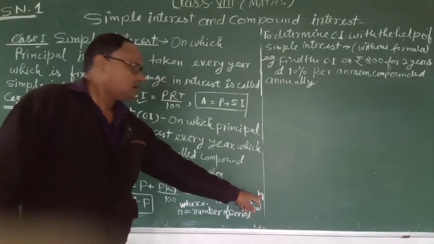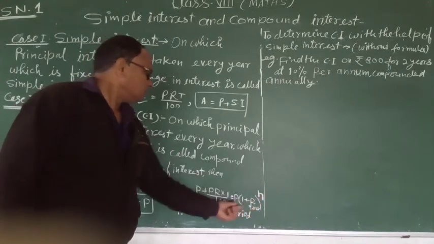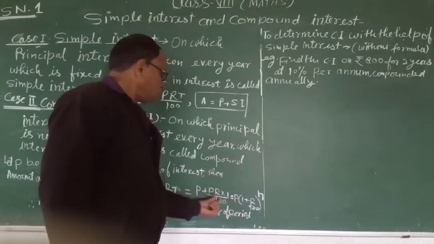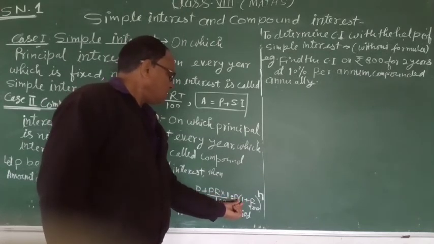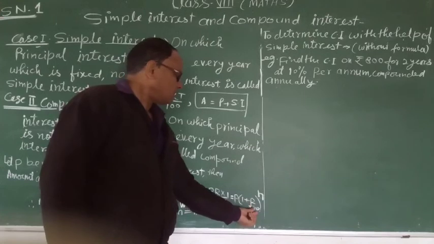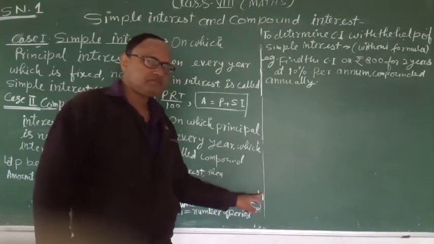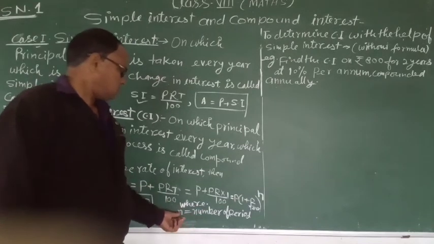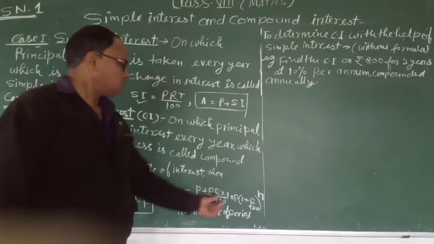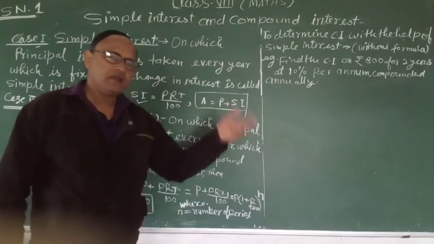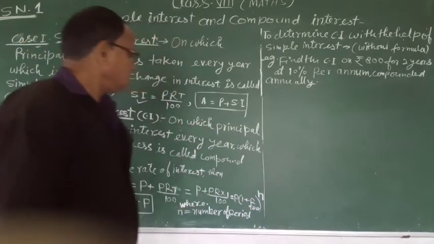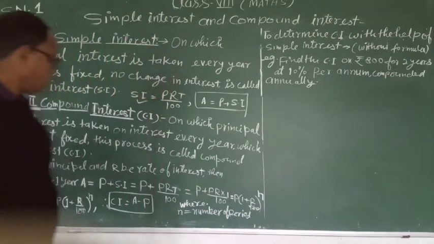After N years, P common in both, and P in bracket 1 plus R by 100 power N. N means the number of time periods: 1 year, 2 year, 3 year, 4 year, and so on. Okay.